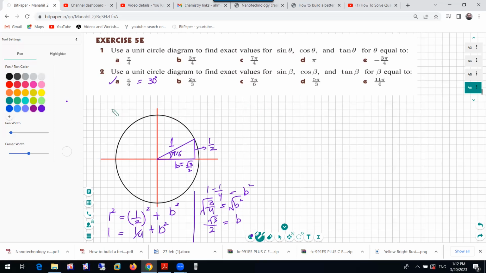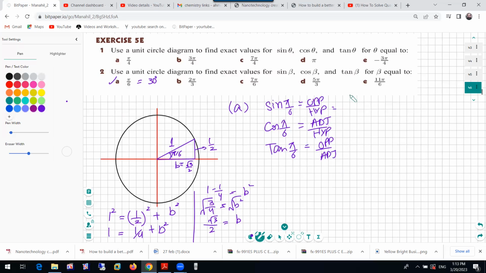So now I can find sine pi by 6, opposite over hypotenuse, cos pi by 6, adjacent over hypotenuse, right? Yeah. And the last one is tan pi by 6, opposite over adjacent, right?